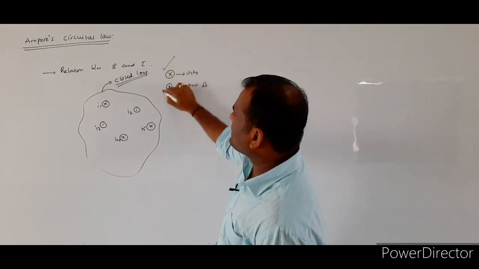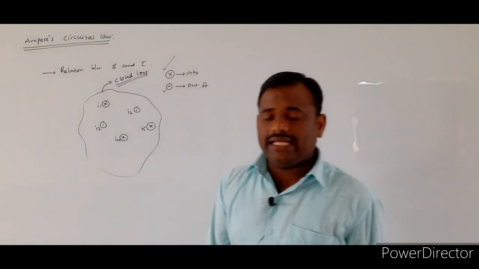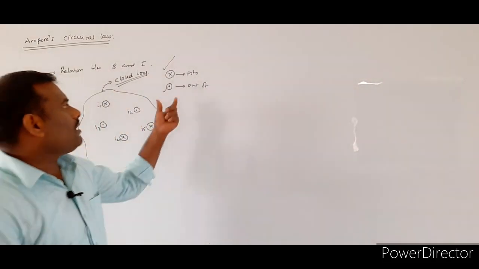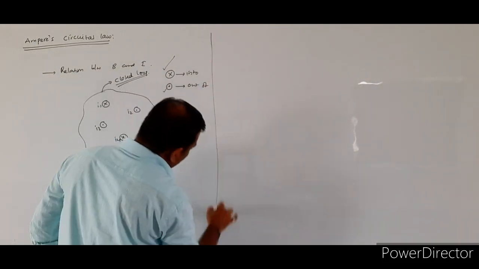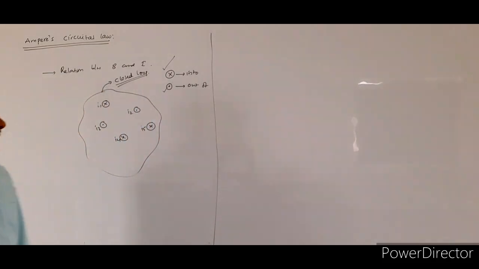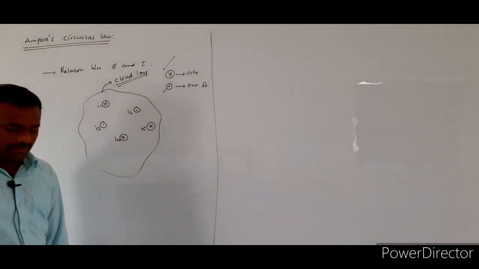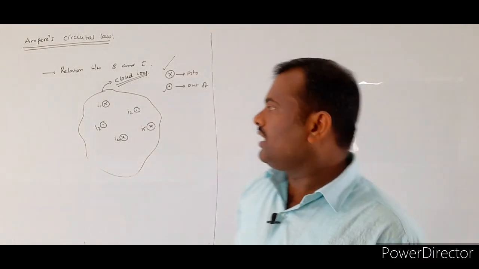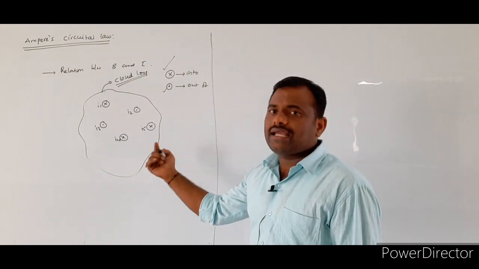That only we indicate with the symbol. Cross mark indicates that current is passing into the plane of the paper, and dot mark indicates that current will be coming out of the plane of the paper. So that is, we assumed a closed loop and current carrying conductors.